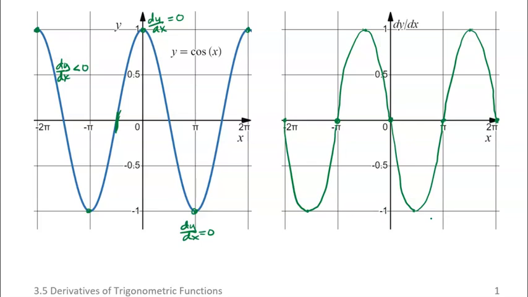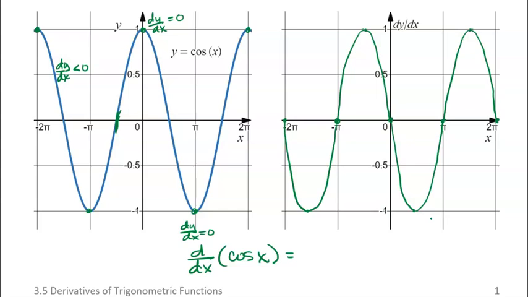Graphically, it looks like, let me write down here, d/dx of cosine of x is equal to, now this is another trig function. It's a periodic function. It looks a lot like a sine function, except notice that it goes down first.